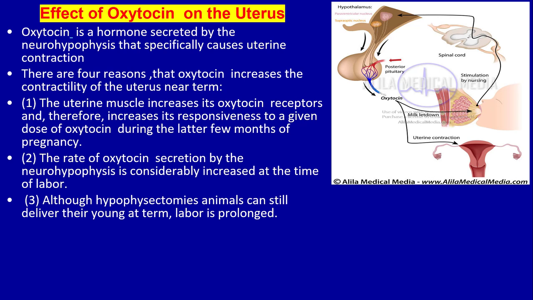And the third reason is that hypophysectomized animals can still deliver their young at term, but the labor is prolonged. When the hypothalamic and hypophyseal connection is disconnected in animals, birth still occurs, but the delivery time or labor time is prolonged.